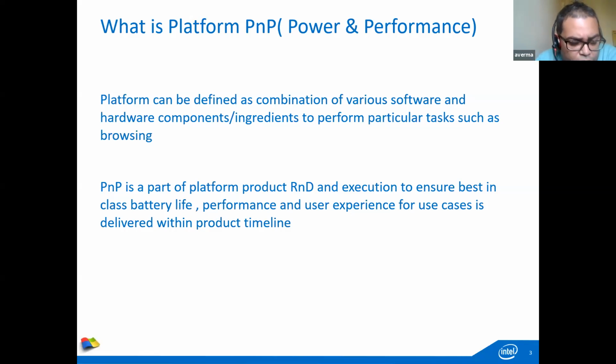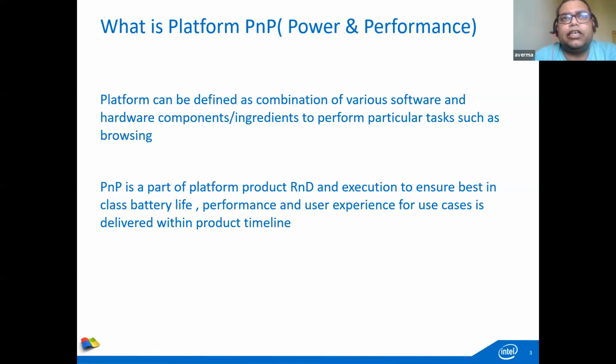Now, when we talk about platform power and performance engineering, that's a more specialized area of platform engineering. We can define platform power and performance as a part of platform product R&D and execution to ensure best in class battery life, performance, and user experience for use cases, within the product timeline. When we do all these optimizations, we need to ensure that we deliver within a given timeline.